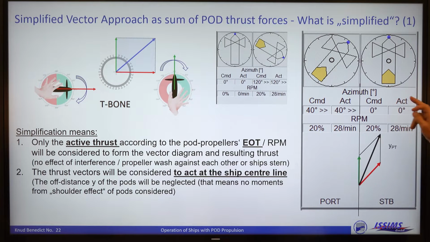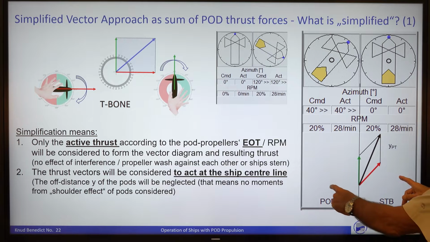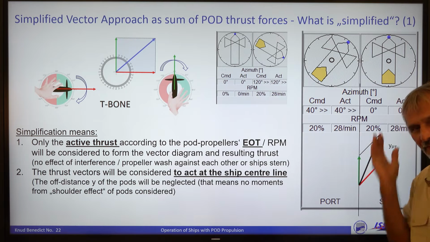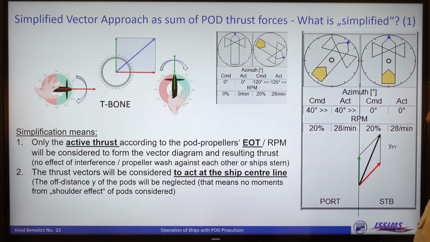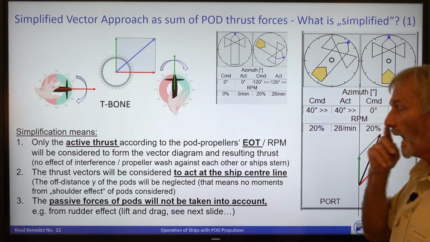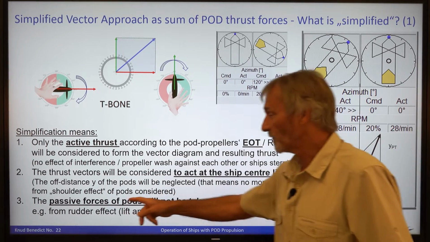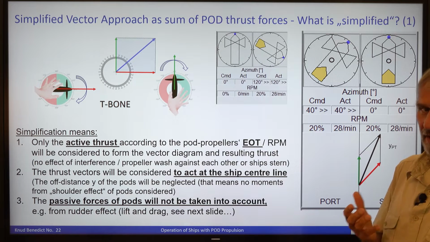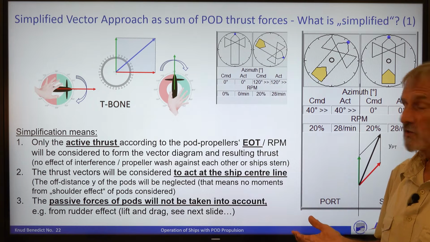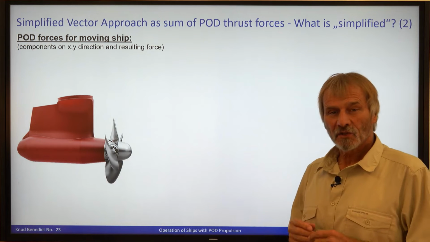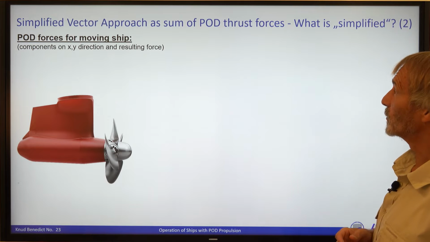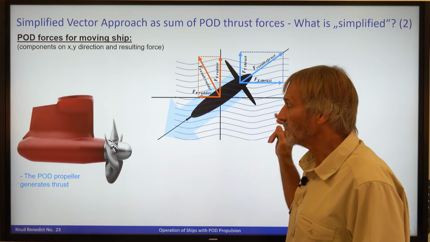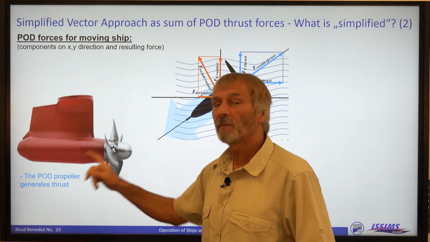What I mean is, we are considering the vectors to act at the ship center line, so you can easily think about a simplified vector approach. And then there are also on top passive forces of the pods, for instance if the pod is working like a rudder-like structure. This is not considered in this vector approach. So simplified vector approach, what does it mean? What is simplified number 2? It means, on one hand, there are the pod propeller forces.